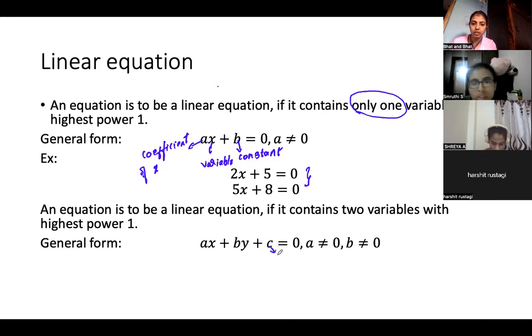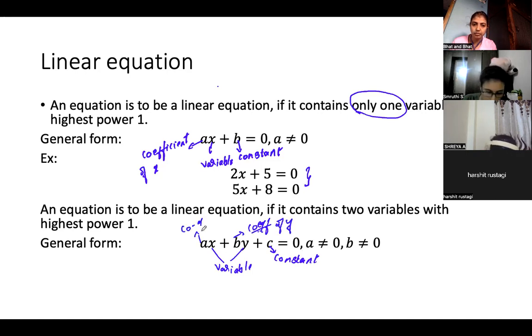Here, c is a constant, x and y both are variables, a is the coefficient of x, and b is the coefficient of y.